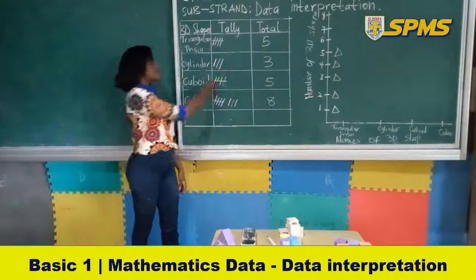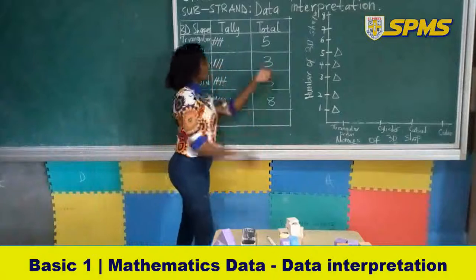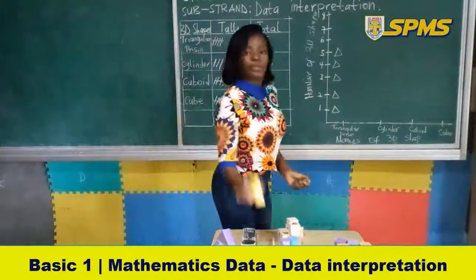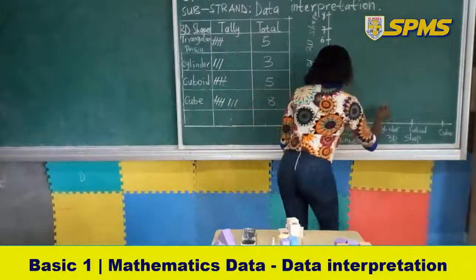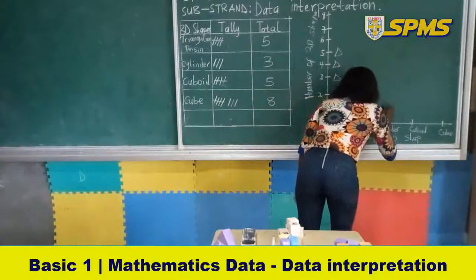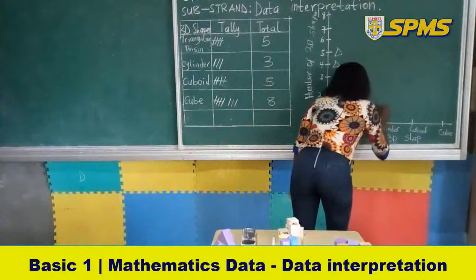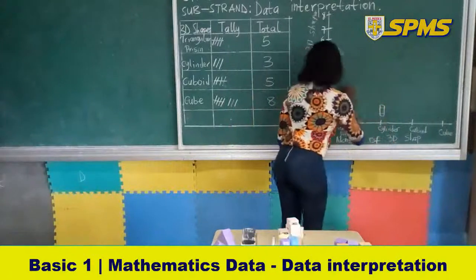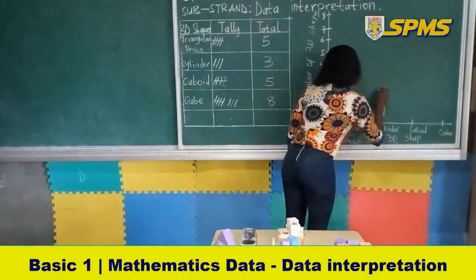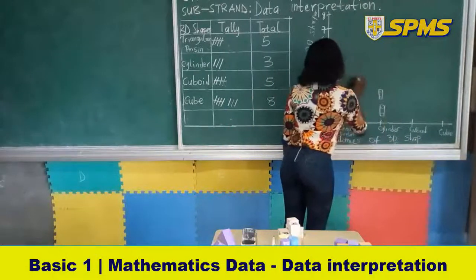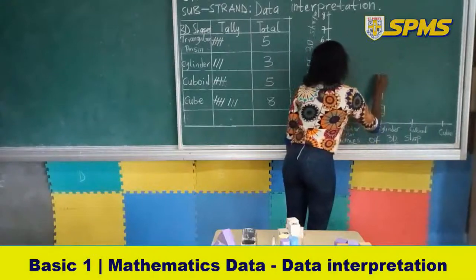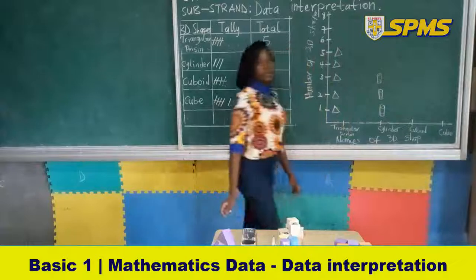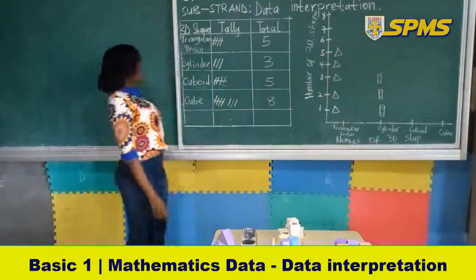Now let's count. 1, 2, 3. We have 3 here. So you are going to draw 3 of these. So this is how you will represent it. You move to this side. 2, and the last one. Very good.